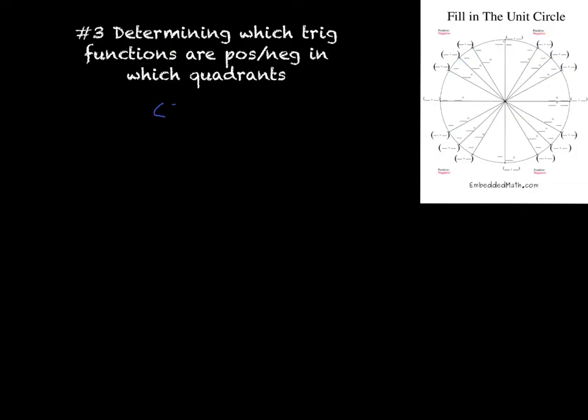Once again, the cosine of an angle is equal to the x-coordinate, and the sine of an angle is equal to the y-coordinate. Well, if you think about the first quadrant, what are you doing? To get to any angle or any point in the first quadrant, you are going where? You're going right and up.